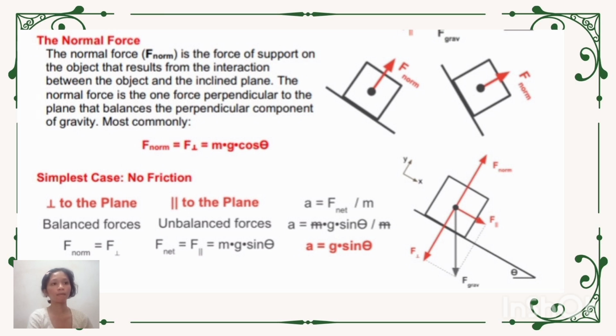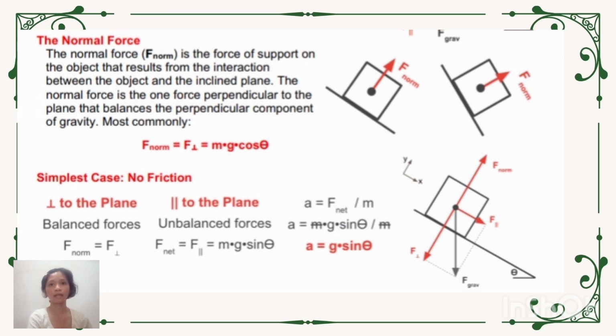The perpendicular component of gravity is balanced by the normal force. So we have F norm equals F perpendicular equals m times g times cos theta.